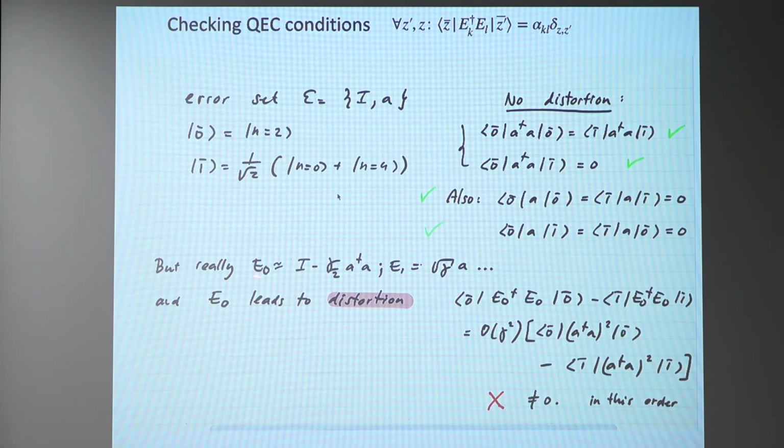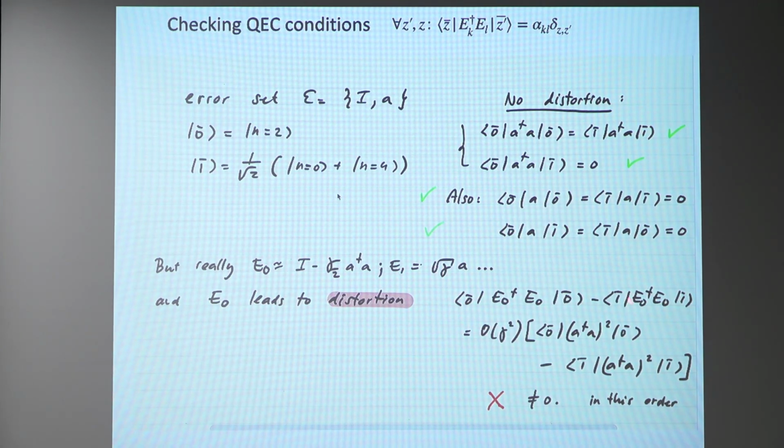Okay, but now you can also say, hey, but if I take that error set, it was a simplification of this. There was this little thing. And actually, this E0 leads to distortion. So if E0 is a possible error and E1, and I don't know which one happens, then if I look at this condition, E0 dagger E0, this should be the same for 1.